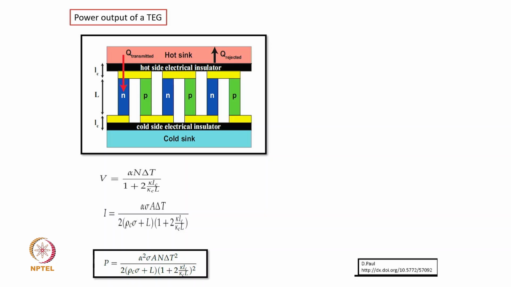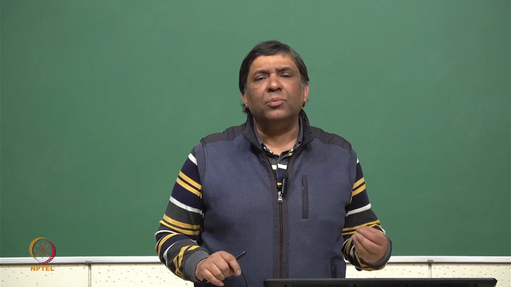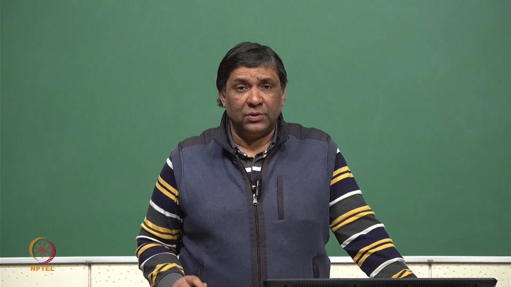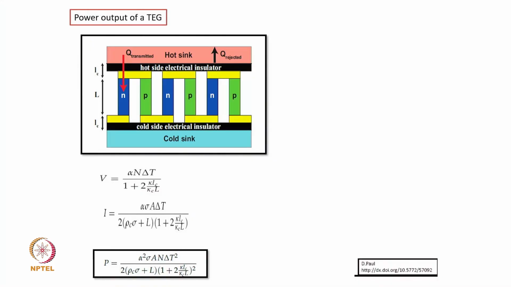All these small modules are connected in order to get an appreciable amount of voltage output. There are some other geometrical parameters which are important. Capital L is basically the length of the leg, that means the length of the P type or N type semiconductor that I have just discussed, and LC here and here is basically the very small contact length where the modules are connected.